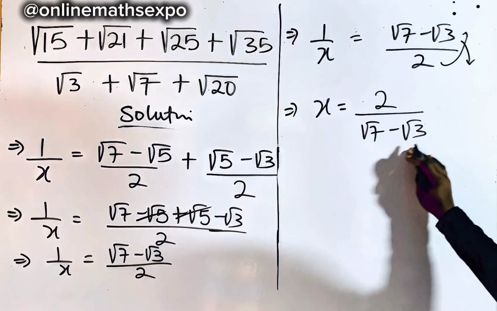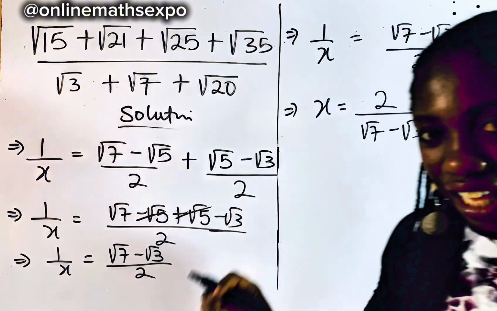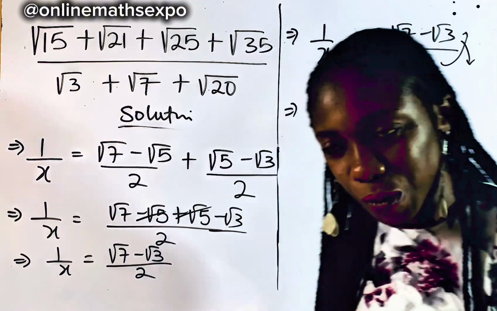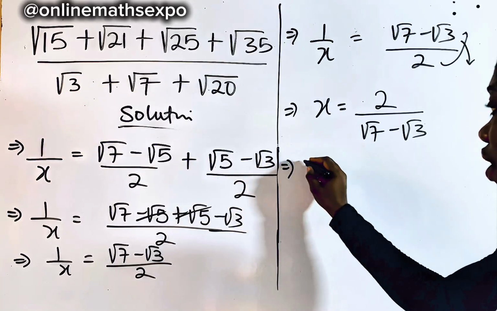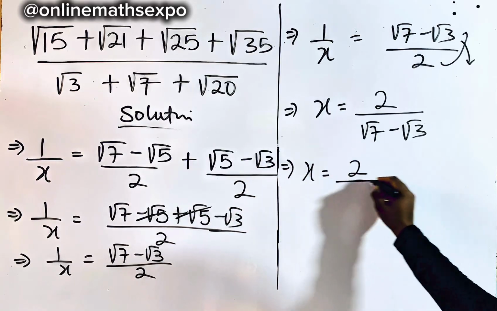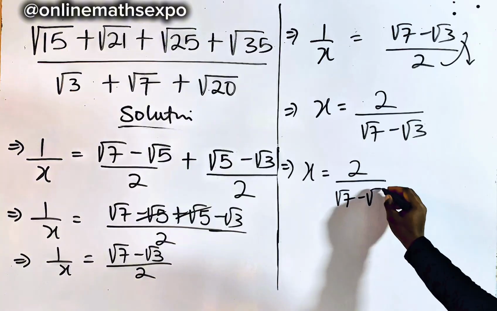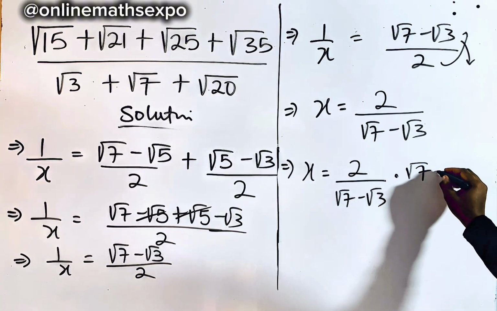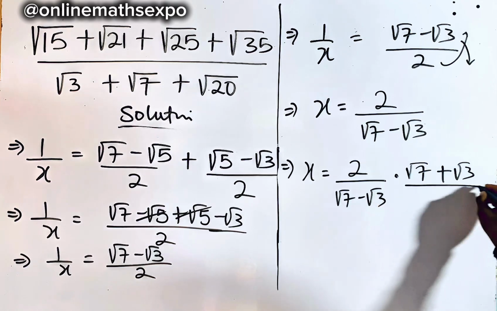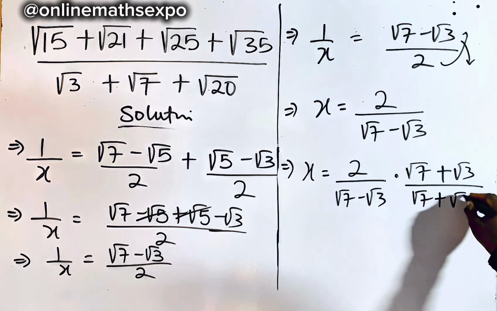Now, this at the denominator is not supposed to be there. You are meant to rationalize also. So to rationalize this, like we said, you conjugate. So x is giving us 2 divided by root 7 minus root 3. Conjugate means you change the sign, root 7 plus root 3 divided by root 7 plus root 3.